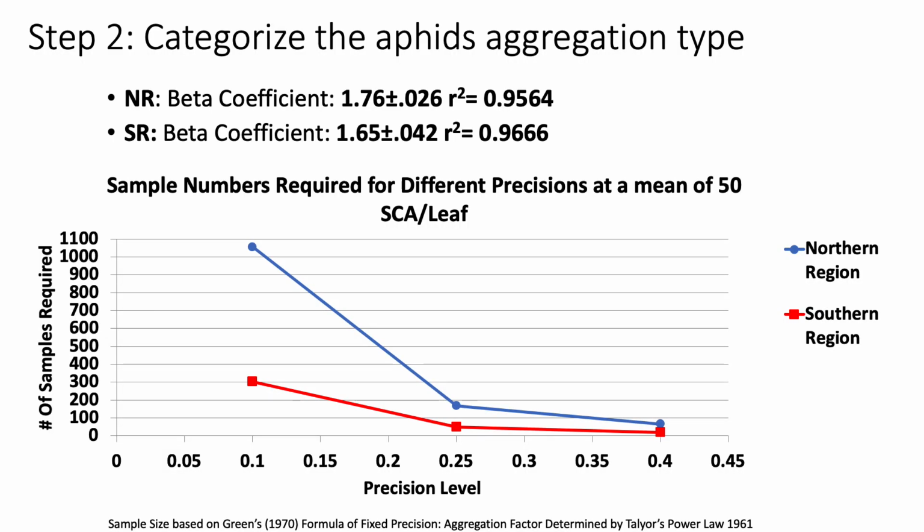So then we moved on to step 2, which was that aggregation factor I was talking to you guys about with the Taylor's power law, which is that empirical model that assigns an aggregation factor value to each species, in theory. But what we found was that these aphids colonized so differently in the southern states.